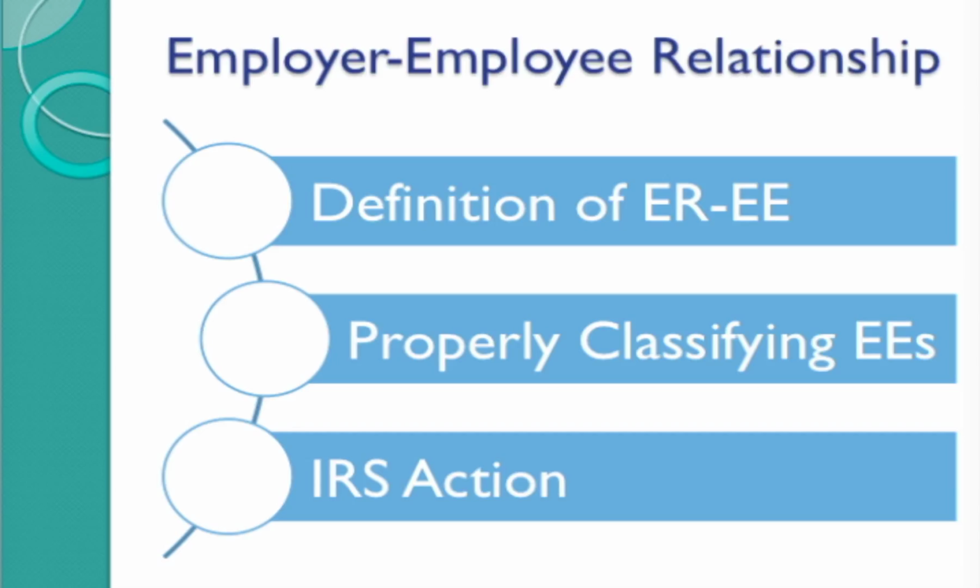This is an area that is litigated very often. The IRS takes action very often in this area because people, generally employers, like to classify employees as independent contractors, even if they may not be. There is currently an ongoing case dealing with Uber.